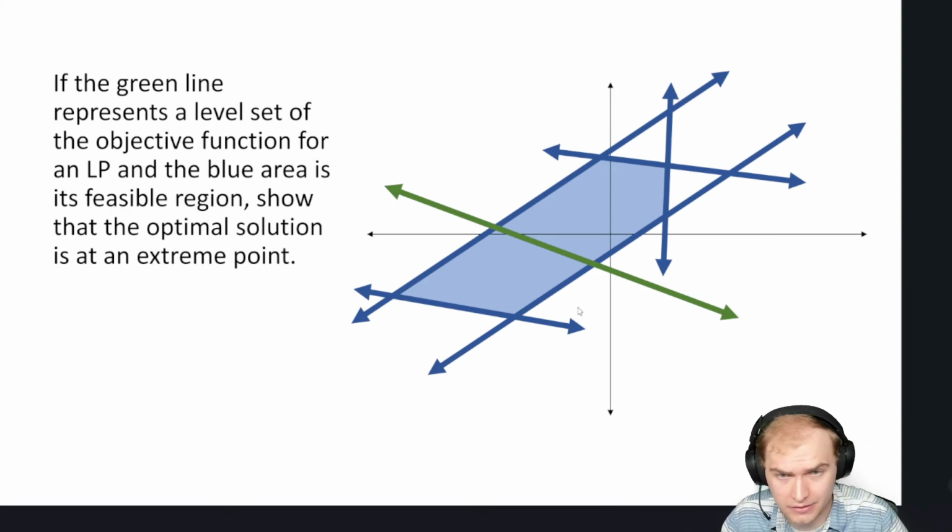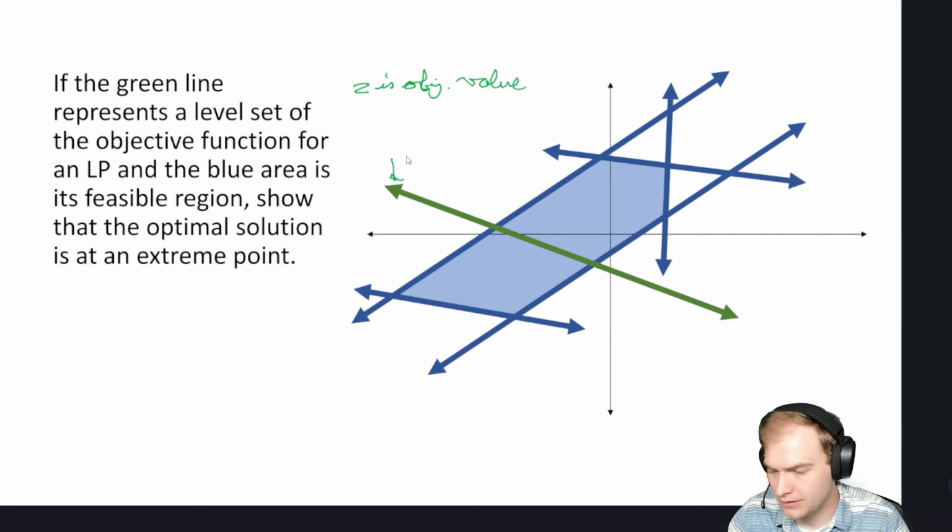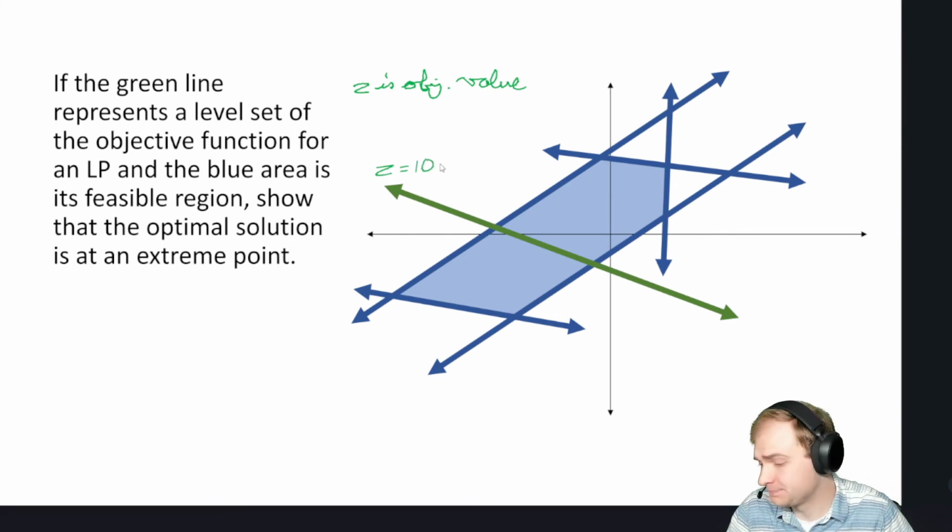Say that the blue is our feasible region, and the green is a level set of our objective function. So if z is our objective value, then this green line is all the points for which z equals some number. I'm just going to arbitrarily pick 10.